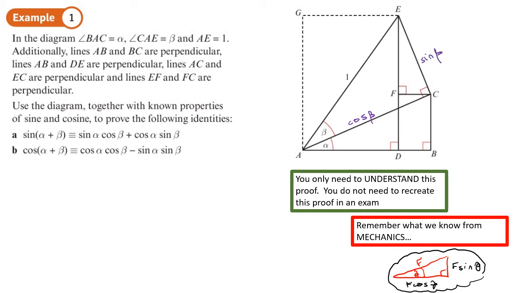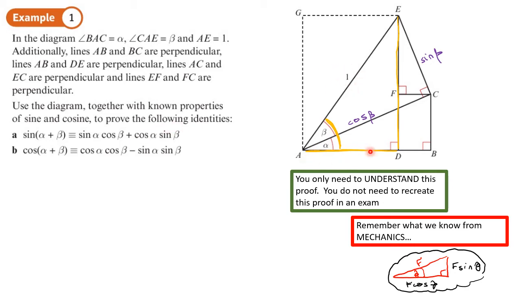Okay, what we're actually trying to aim for is, in this triangle here, we want to know the lengths of this side, and we want to know the length of this side here, because then I can say, right, the sine of this is going to be this length over 1, the opposite over the hypotenuse, and the cos of this angle is going to be this length over 1.